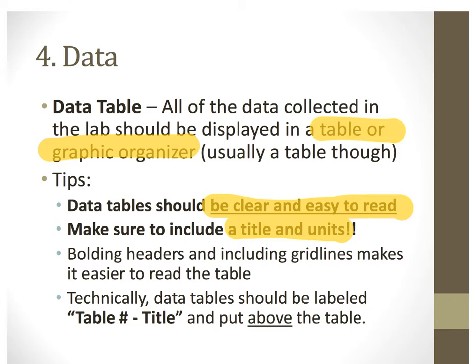Some things though that are nice that I put down here: bolding headers, including grid lines, that makes it easier to read. There is a standard way of naming tables, and that is you put table and then the number of the table, starting with 1 as you're going through your report, and then a title, and it always goes above the table. That's not something I'm going to nitpick about. That's not that big of a deal. That's just a stylistic thing.